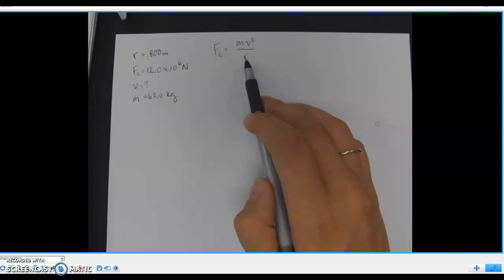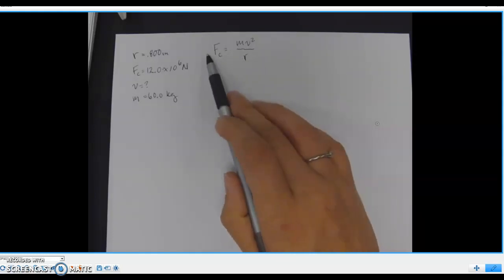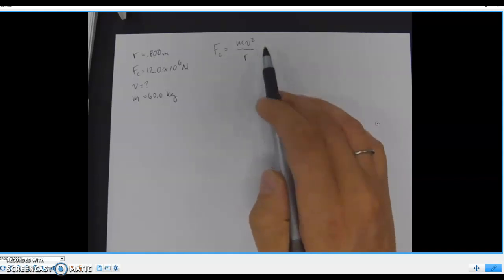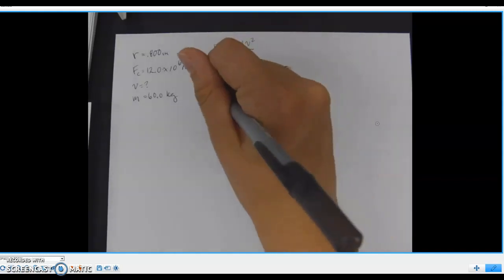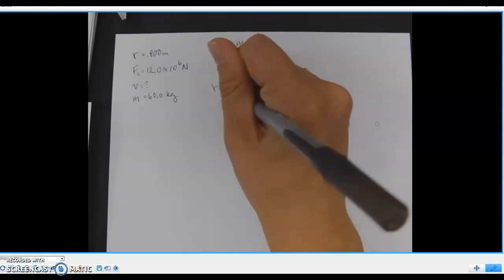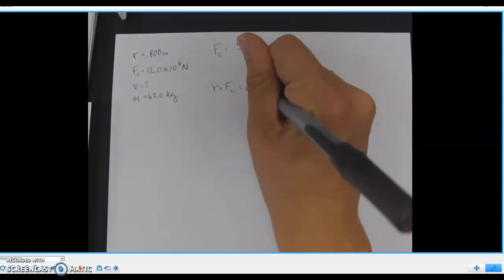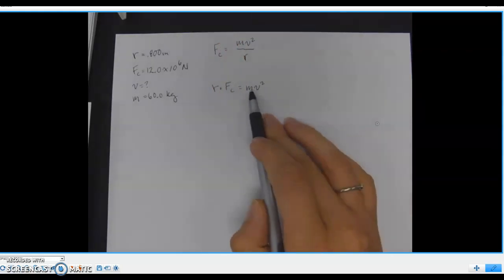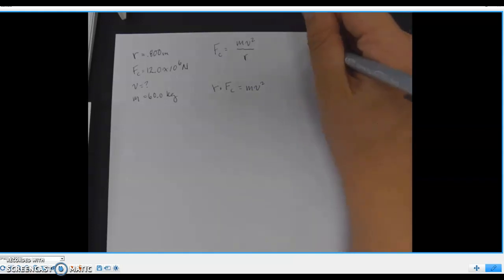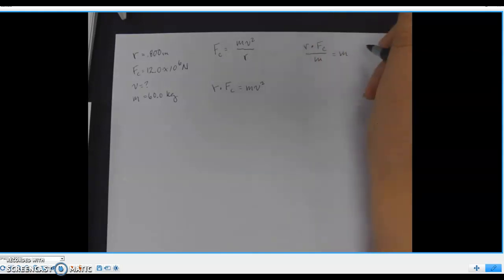The first thing I'm going to do is multiply by r on both sides. So I will have r multiplied by force centripetal equals mass times velocity squared. Then I will divide by the mass. Oh, and that would give me my velocity squared.